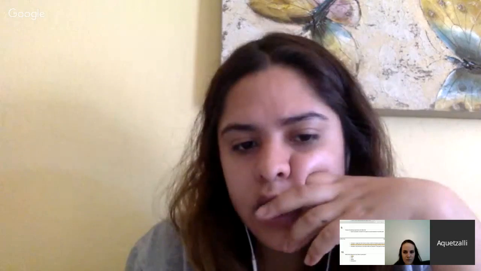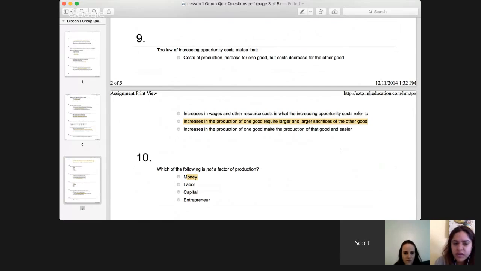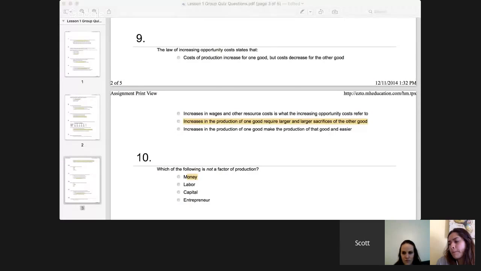For 9, I put C, but I'm not sure. What do you guys have for 9? Oh, C too. Okay. I put down C as well. And 10 is definitely A. Yeah.